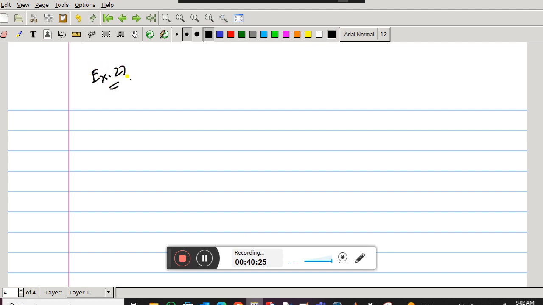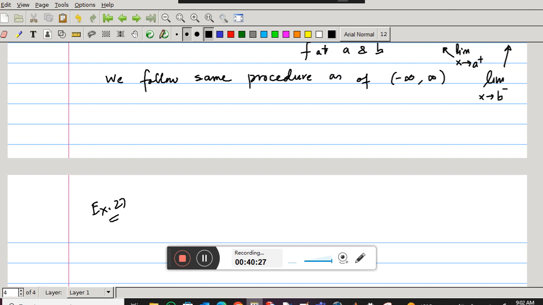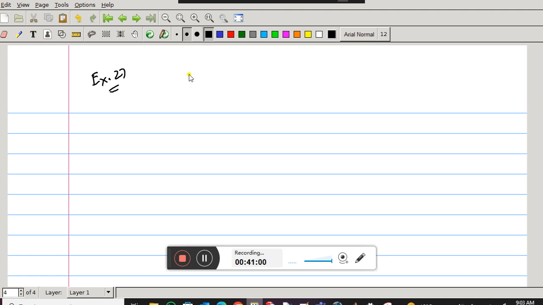Exercises 27, 28. Okay, these exercises are for open intervals. So let's do 27.